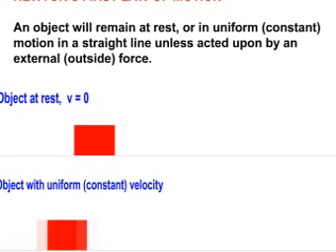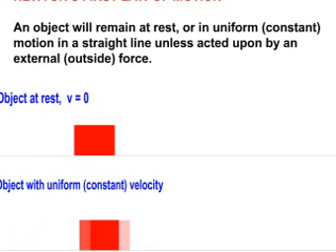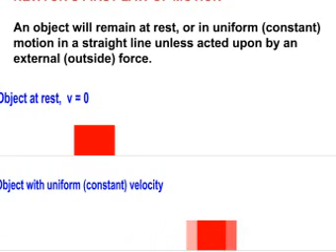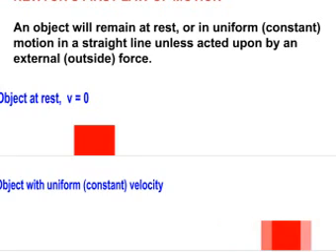A body with no forces acting on it is called a free body. Newton's first law is also known as the law of inertia because it expresses the tendency of bodies to maintain their original state of motion.